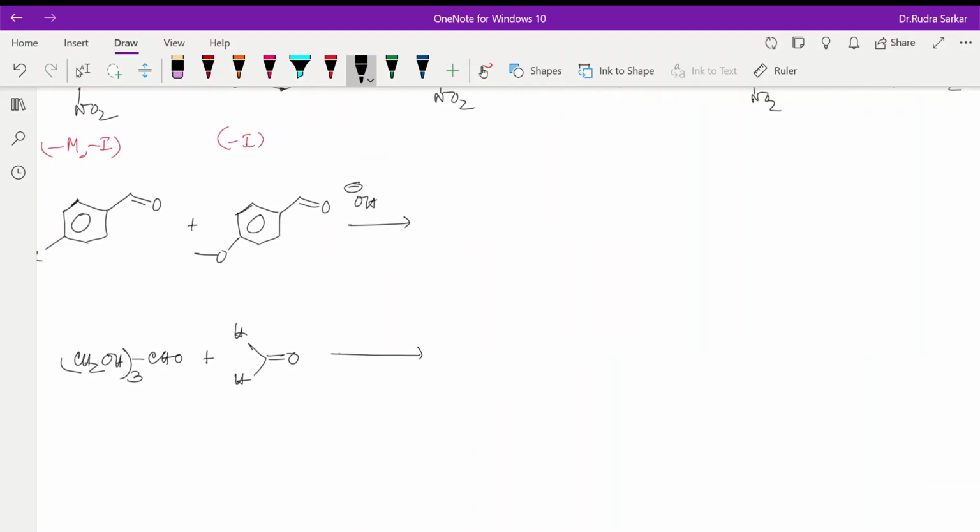Again, one has to use the similar logic, and obviously our products will be, okay, this one will be getting reduced to alcohol, and formaldehyde will be forming formate ion.